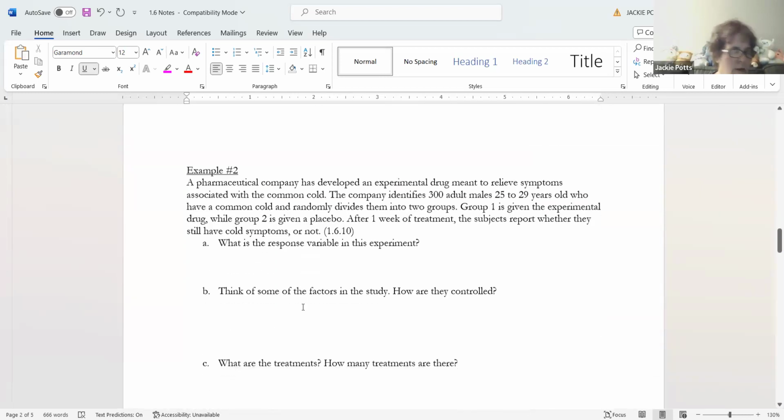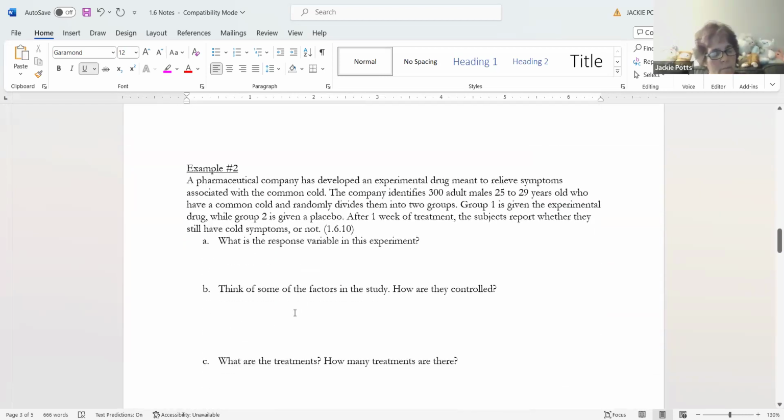All right, so let's talk about example 2. And I don't know why it starts with example 2. It really should start example 1. A pharmaceutical company has developed an experimental drug meant to relieve symptoms associated with the common cold.